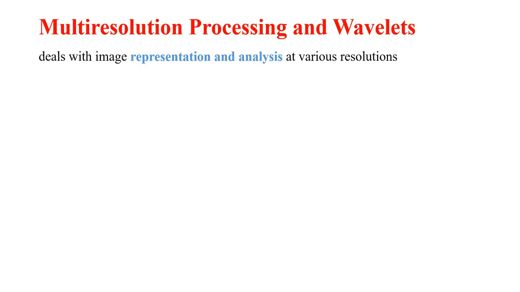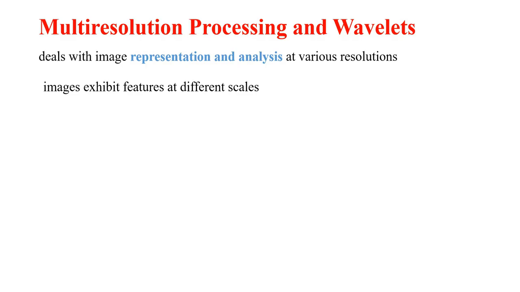Next, you have multi-resolution processing and wavelets. Multi-resolution processing deals with the representation and analysis of an image at multiple levels of resolution or scale. That is, it helps in understanding both the fine details and the global structures within an image.